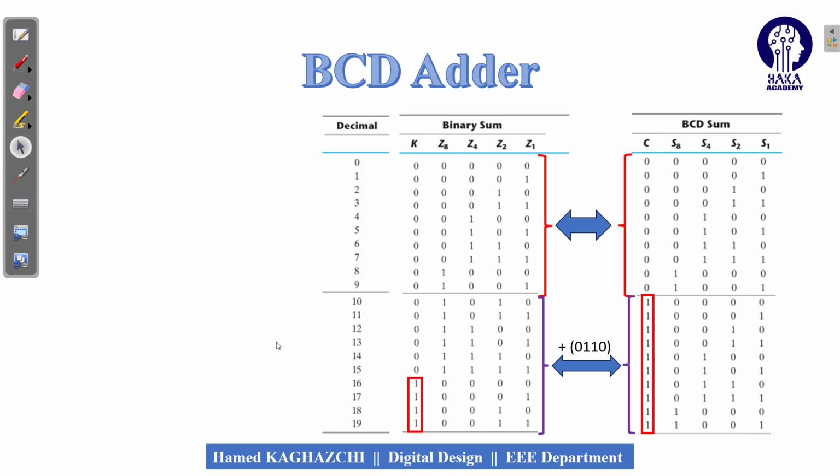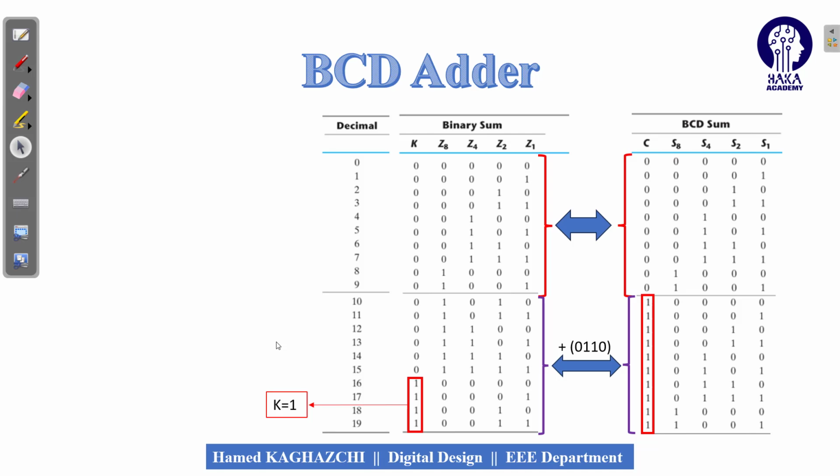If you look at the numbers between 16 up to 19, you can see that the value of K is equal to 1. It means that after adding two BCD codes together, when the last bit is 1, it means that we always have to add 6. I could find one of the conditions that I have to add 6.